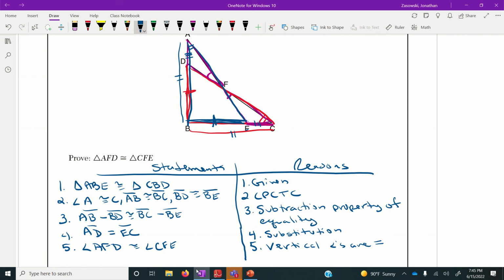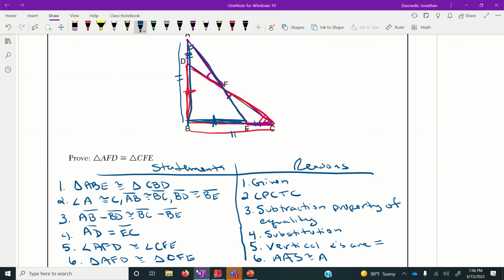And then now we have enough, because of angle, angle, side, to get the two triangles, triangle AFD congruent to triangle CFE. And as long as you put down AAS, you are solid and getting full credit.